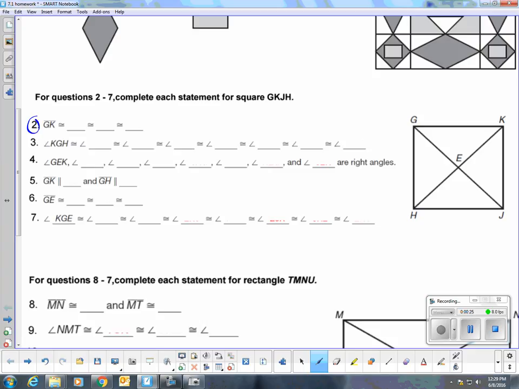And segment GK, this side here, is congruent to the other three sides of the square, since all the sides of the square are congruent. That would be segment KJ, segment JH, and segment HG.